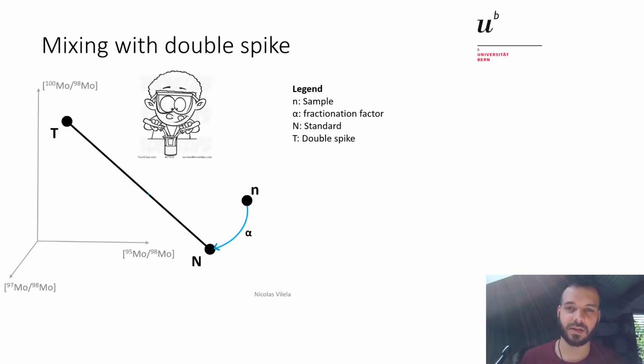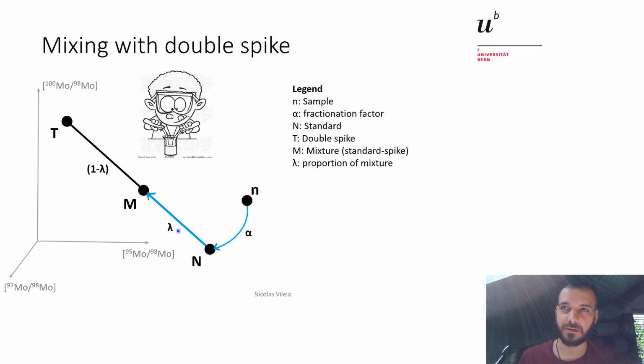The next step is to take your sample and mix it with a double spike. What you will create will be somewhere along this mixing line. You will create this mixture. This equation on the right describes a mixture where you have your mixture M on the left side of the equation, which is equal to your first part being the standard, your second part being your double spike, and you mix them together according to this lambda factor.